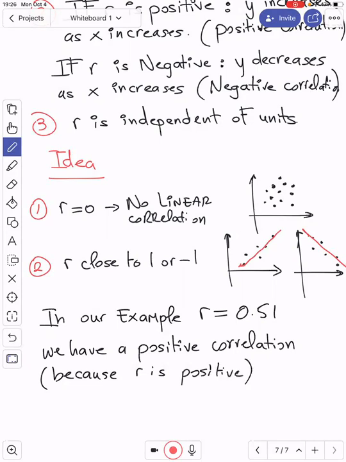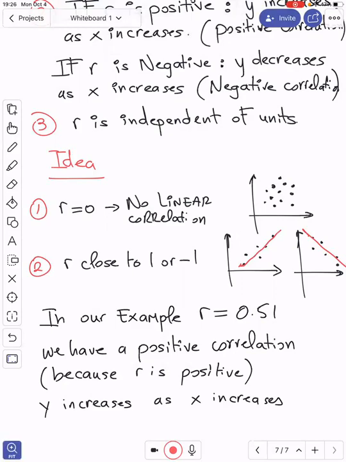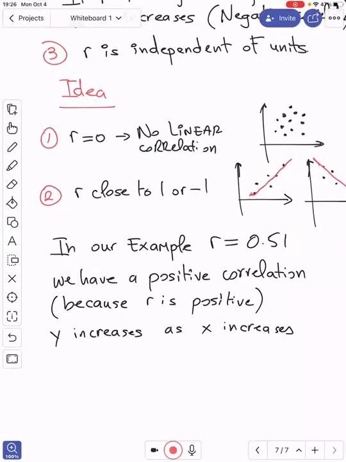Okay, so in other words, as I said, Y increases as X increases. So what's Y? Y was the depth of the earthquake, right?